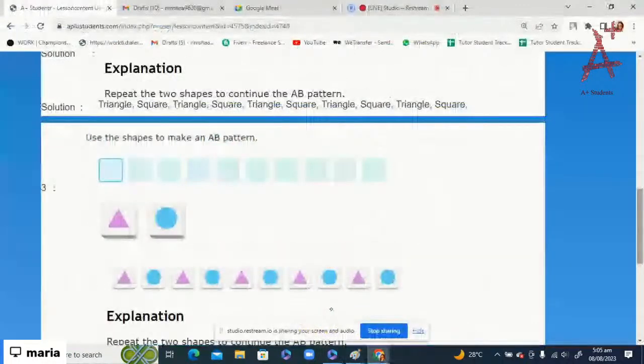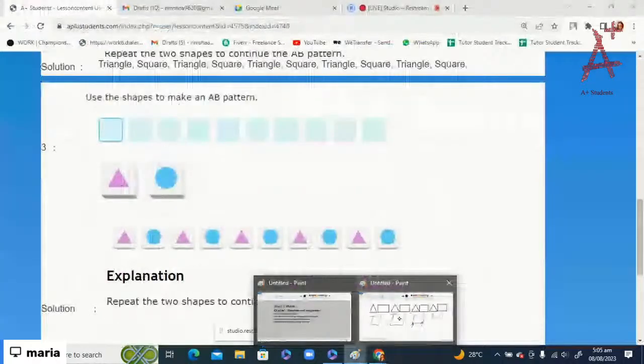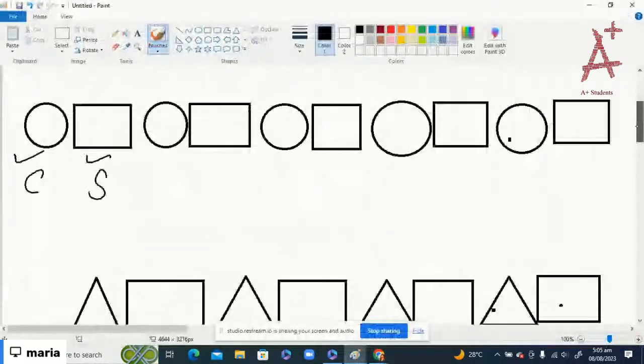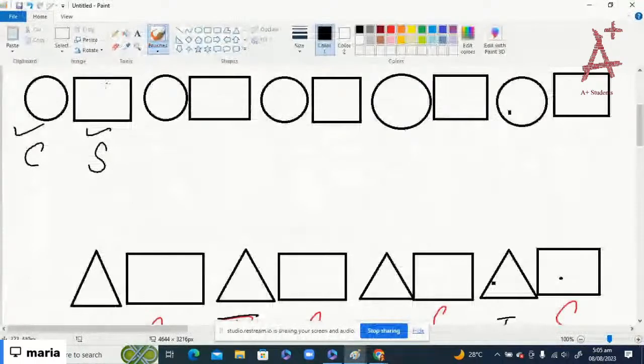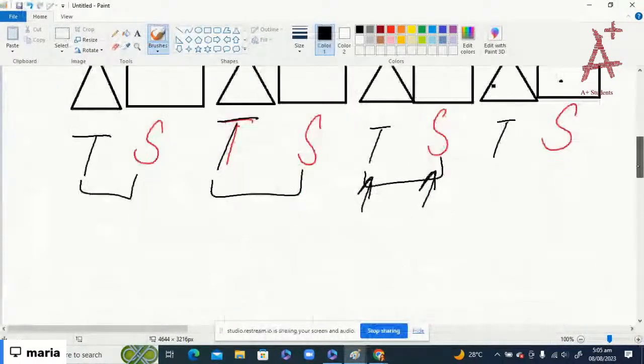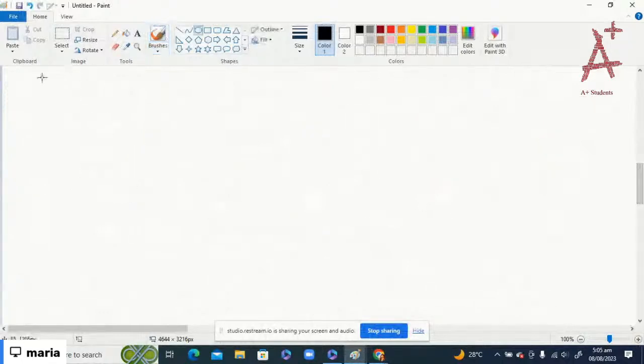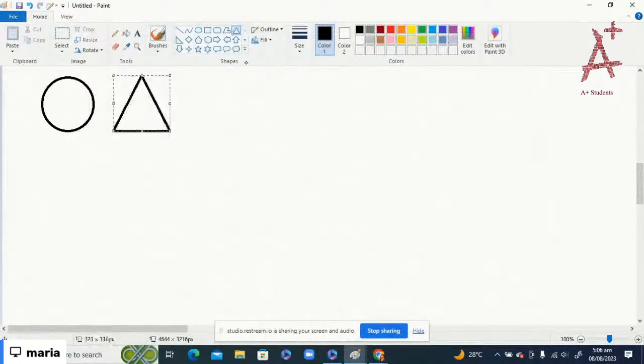Use the shapes to make an AB pattern. Now, first look. The first pattern is circle with the square. Then here is square with the triangle. And now the third pattern is circle with the triangle. Let's do that one.